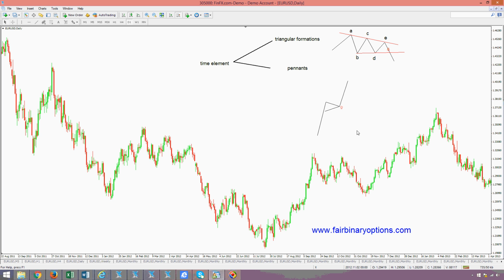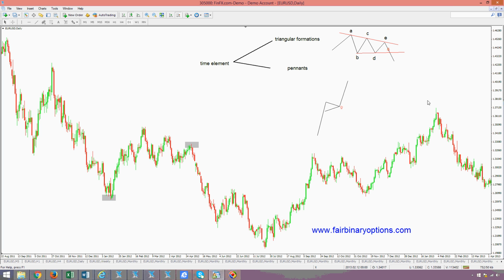In the first instance, let's consider this being the euro US dollar on the daily chart. Let's consider the move that started from here and ends here. Well, this move, as you can see, is definitely not a bullish move in the sense that it's not a pennant, but it looks like a contracting triangle, and if it looks like a contracting triangle, we need to take into consideration the time element to see what it means.